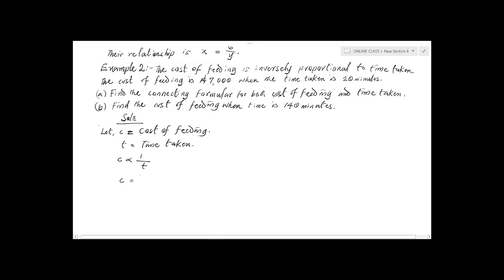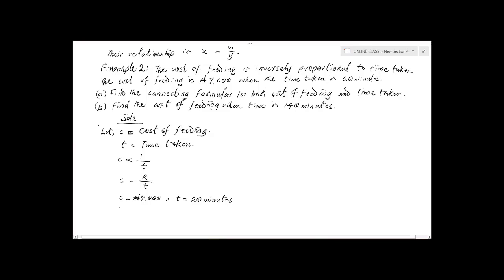C equals, you change the variation value there to K, over T. From the information given to us, cost equals 7,000 naira when T equals 20 minutes. We go back to the equation.